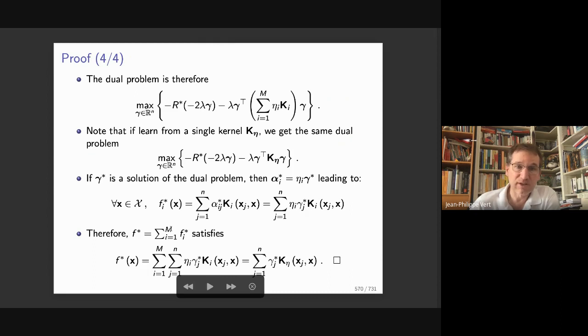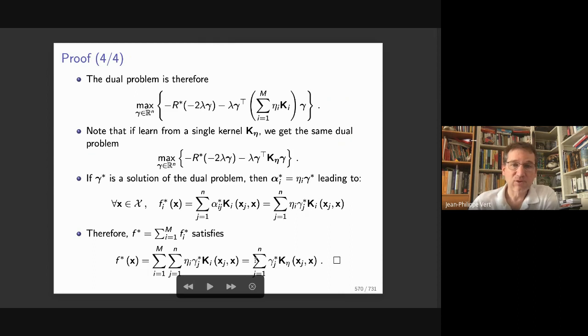In particular, if you look at this equation where you have fi star, then if you sum all these fi star together to define a function f star, you get a sum over i and j of eta i times gamma j star, and because you have two independent sums, you can just sum in i to put together the sum of eta i ki, which by construction is k eta.